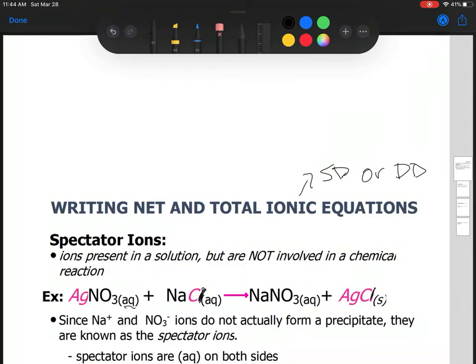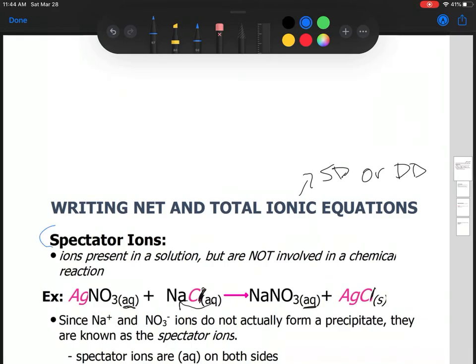The nitrate and the sodium remain aqueous on both sides of the arrow, which means that they are not changing. So if you remember from grade 9, one of the signs of a chemical change is that you need some sort of new substance formed. So if something is not changing, then they do not participate in the reaction.